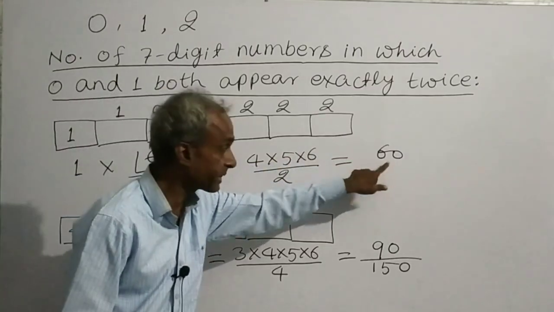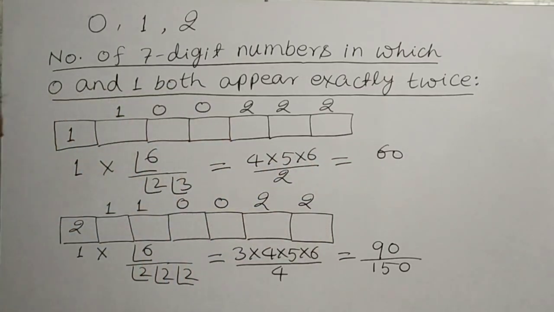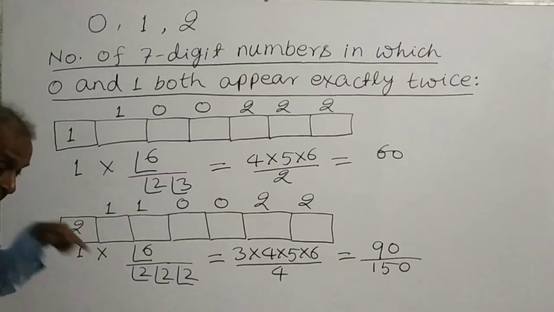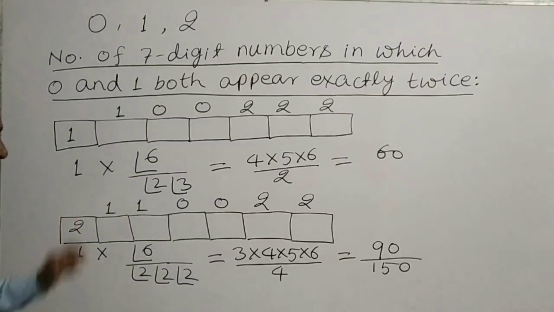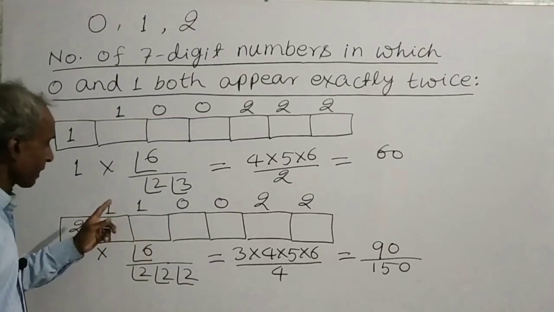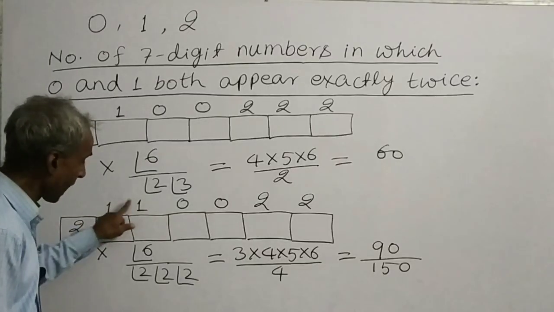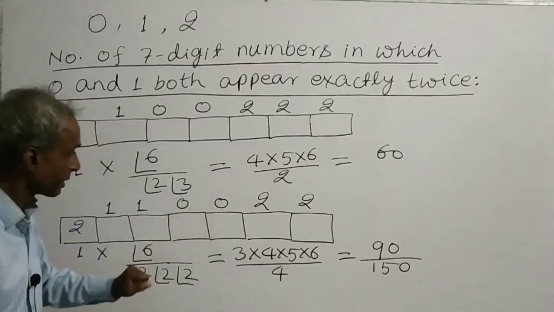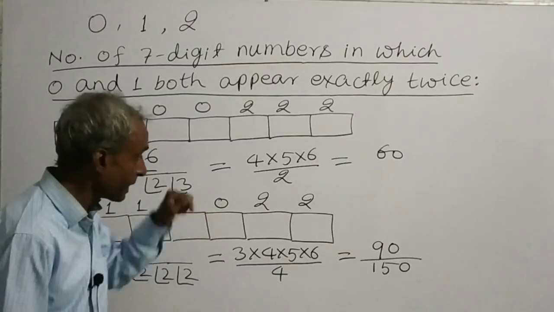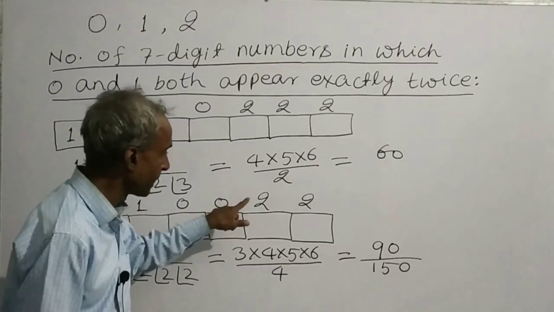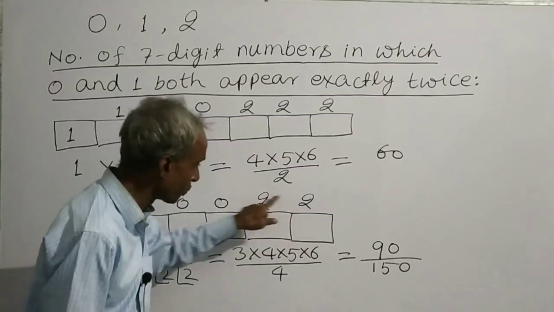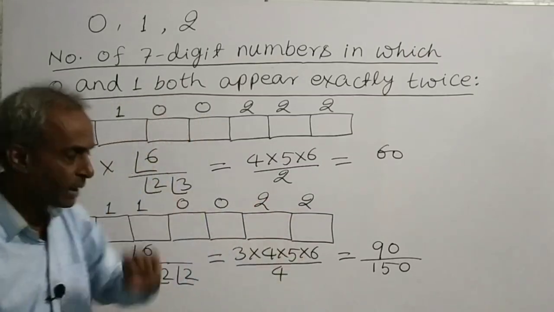That means this is 60. If we fill the first place by 2, then the number of ways to fill this place is 1. Now there are 1 two times and 0 two times. That means the remaining 2 places will be filled by 2. That means 2 will appear 2 times.